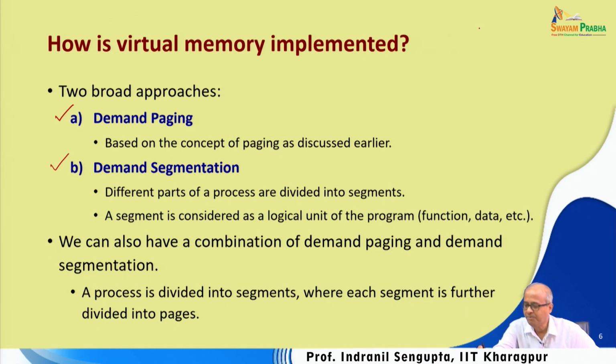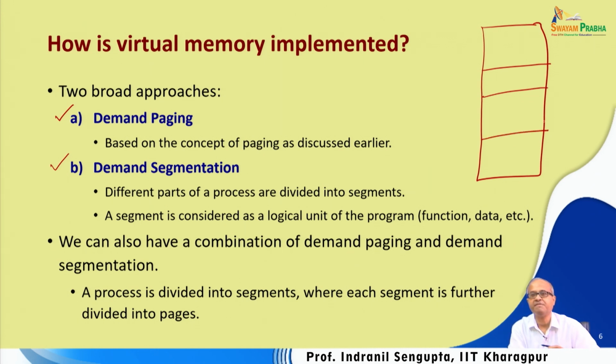Now, in a program, instead of pages you can think of a number of segments, and segments can be of different sizes. Let us say one can be your main function, one can be some library function, one can be your stack, one can be your data area.